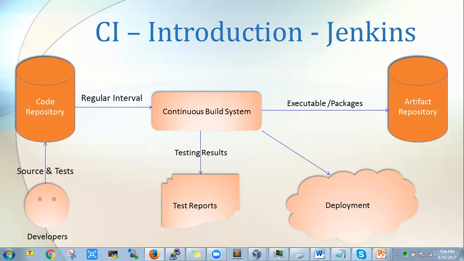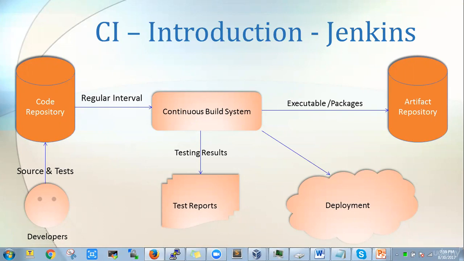Continuous integration. Continuous integration is a software development practice where the members of a team integrate their work frequently. Usually each person integrates at least daily, leading to multiple integrations per day.